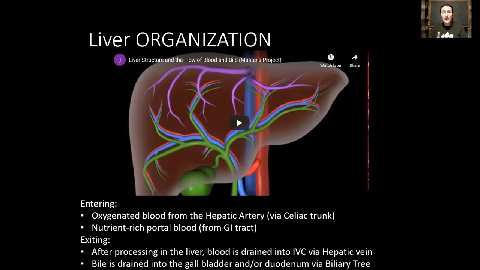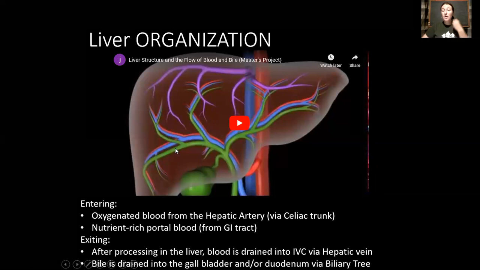Before we watch this clip, I want to point out that there is blood, right, entering the liver from the intestines, right? So we have nutrient-rich portal blood from the gastrointestinal tract that has just picked up all of the nutrients that we just spent so much effort digesting, absorbing, and now finally they're going to be transported to the liver before returning to the heart.